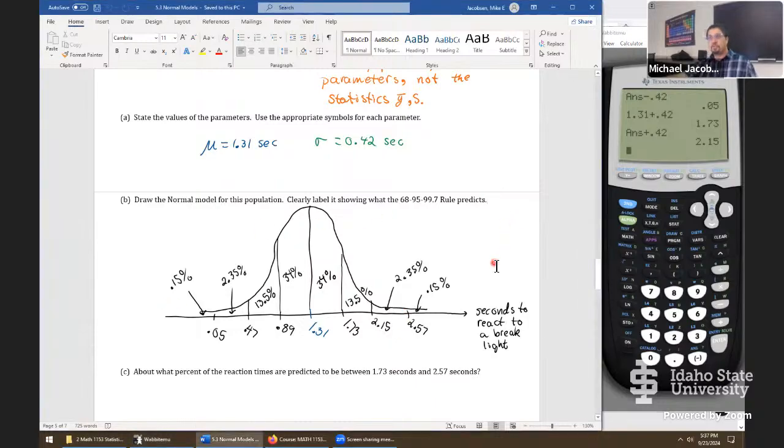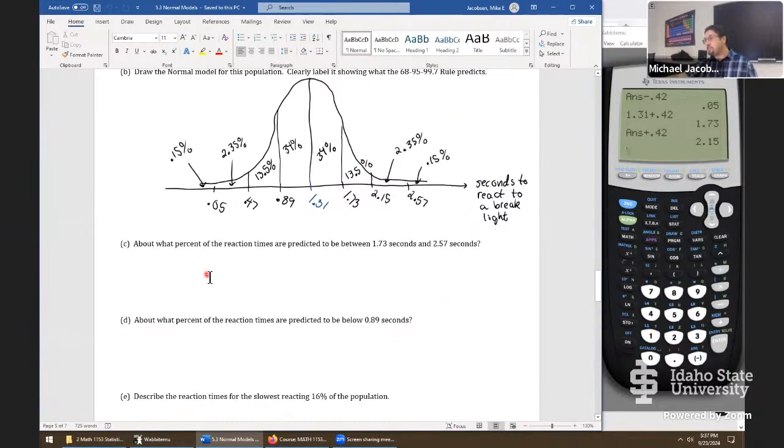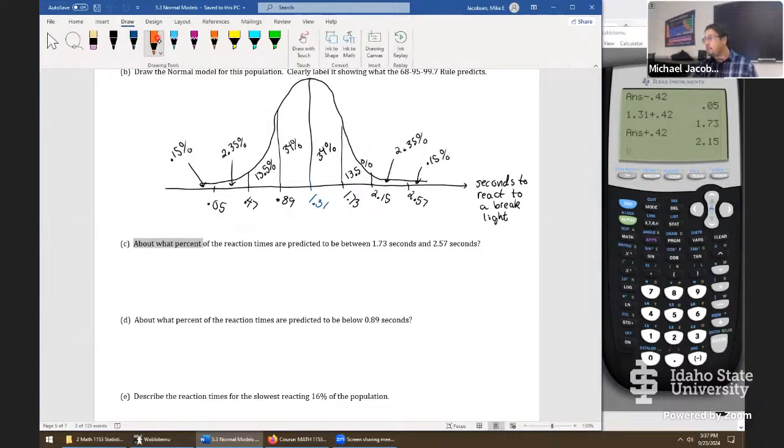So now that we have a normal model, and we're modeling a population of times it takes to respond to a brake light, we can ask and answer certain questions. These are asking about what percent, but for just a preview, this whole question could be rephrased as: about what probability?